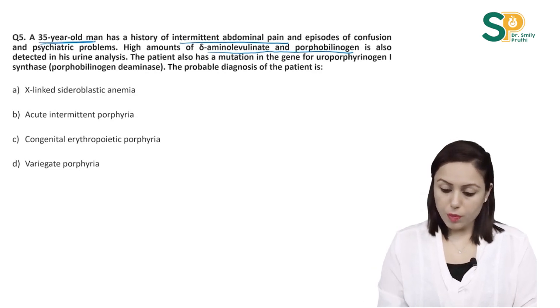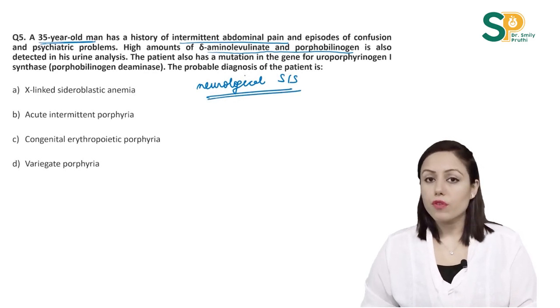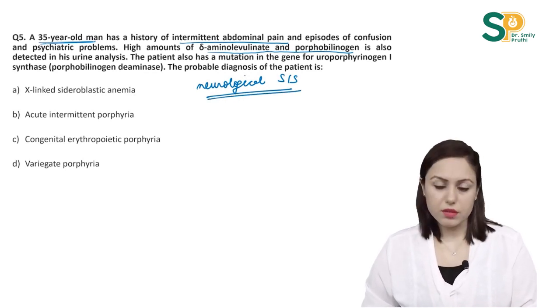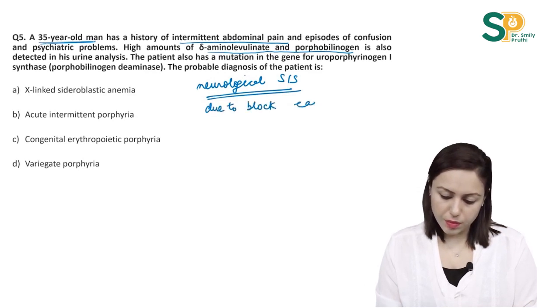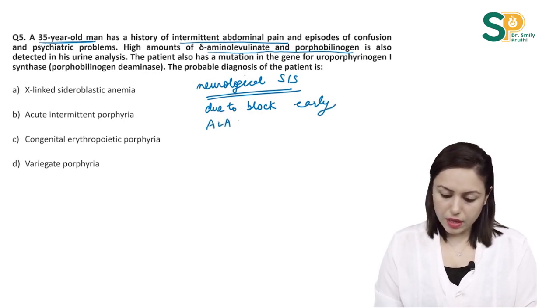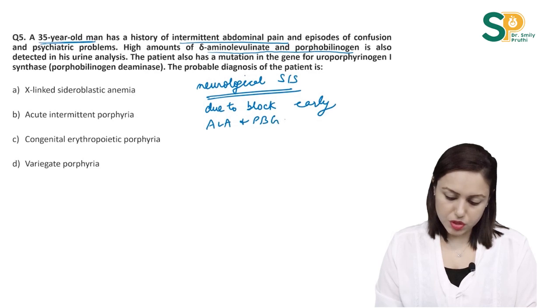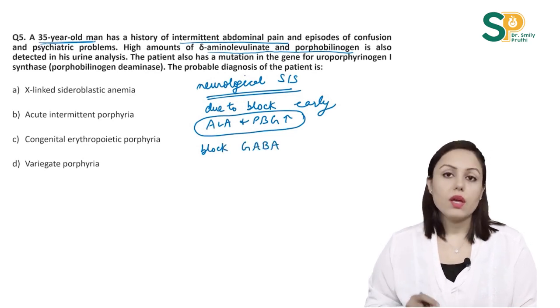So let me tell you about the neurological signs and symptoms of porphyrias. Why do they occur? They always occur due to a block early in the pathway, when ALA and PBG accumulate. ALA and PBG block the action of GABA.